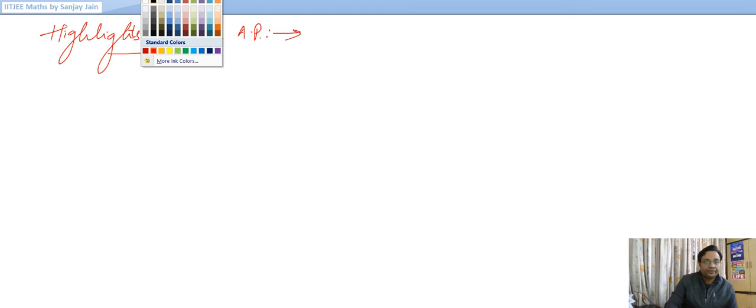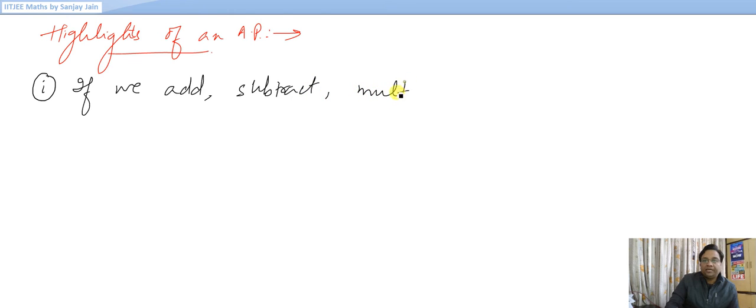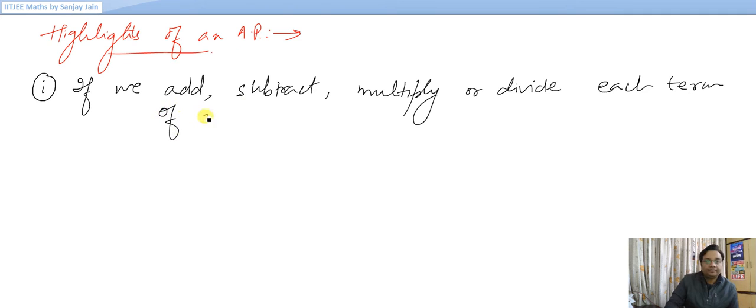Now the first property is if we add, subtract, multiply or divide each term of an AP with a non-zero constant.